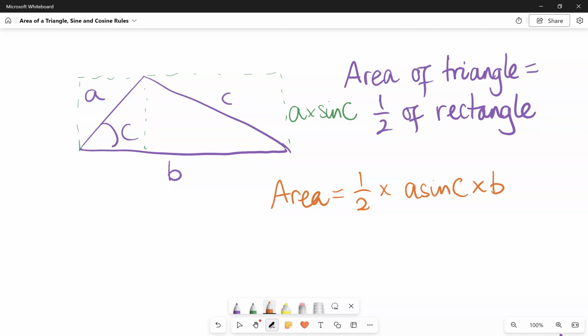Just to clarify, the height is A sine C because of the definition of the sine function: sine theta is opposite over hypotenuse. I'll put three lines here.